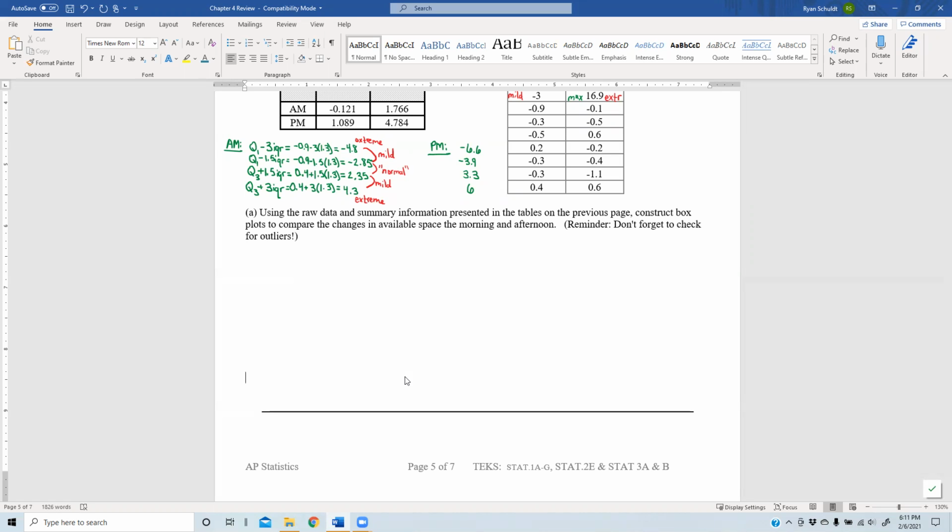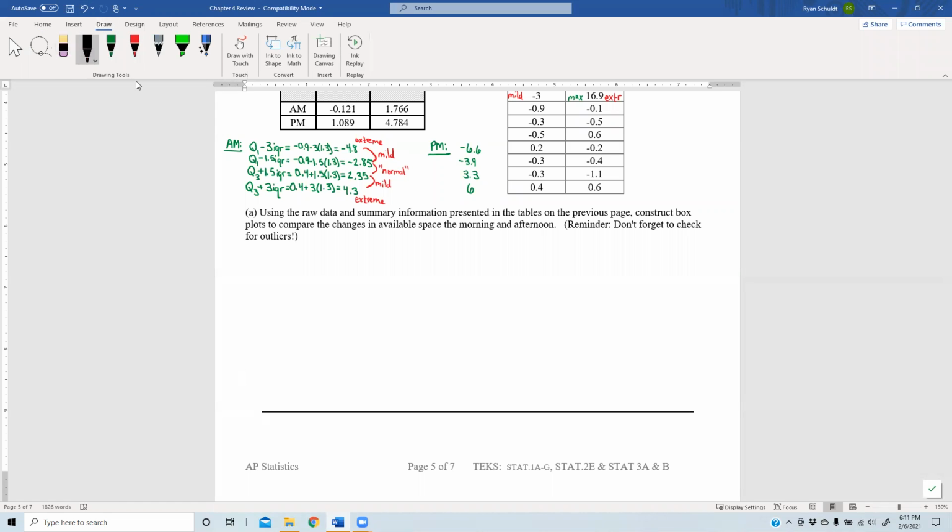So let's say that this is, wrong color. So here's -5, 0, 5, 10, 15.